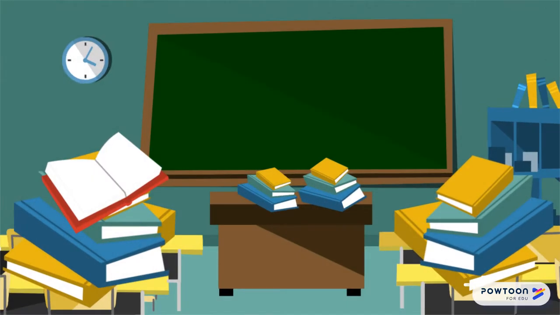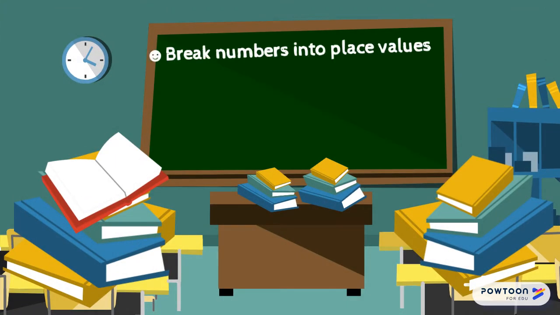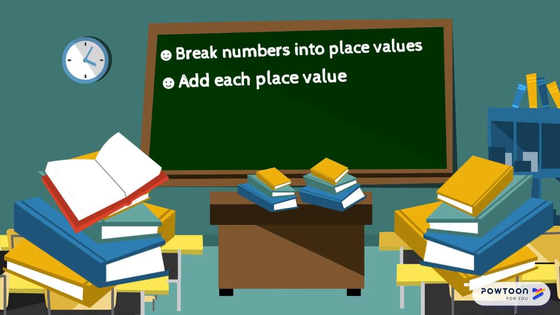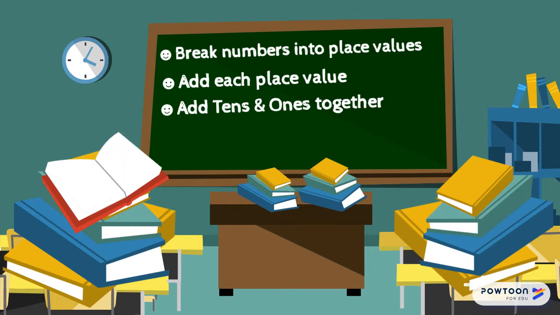Let's review each step. Okay, first you need to break the numbers into their place values. Remember, that's the expanded form. Then you add each place value together. I like to start with the ones, then go to the tens, and keep going higher. After you have all of those sums, then you start adding the sums together.